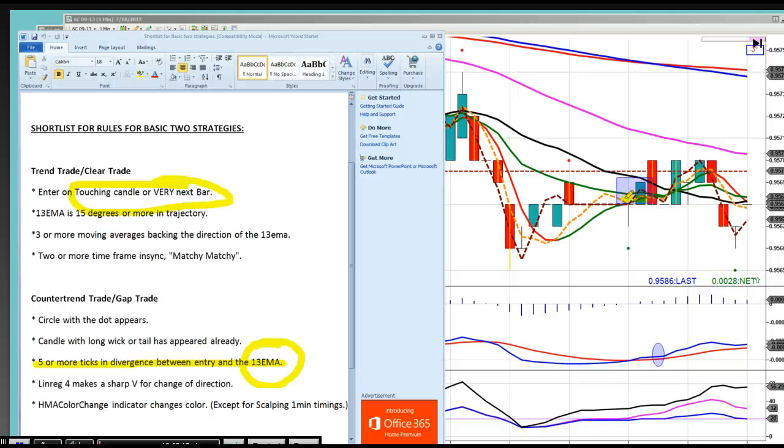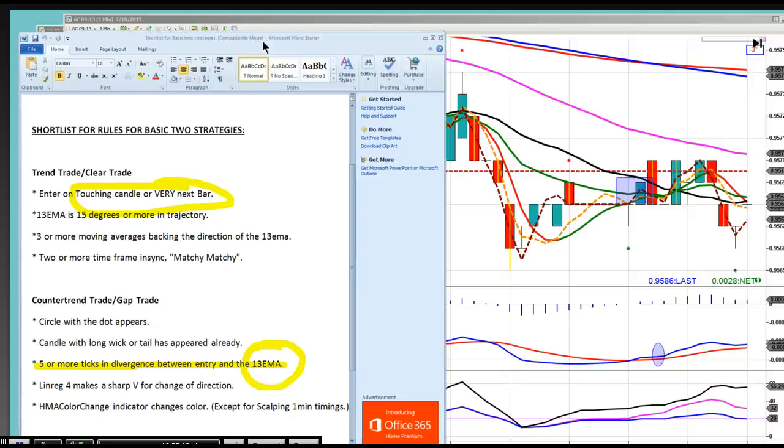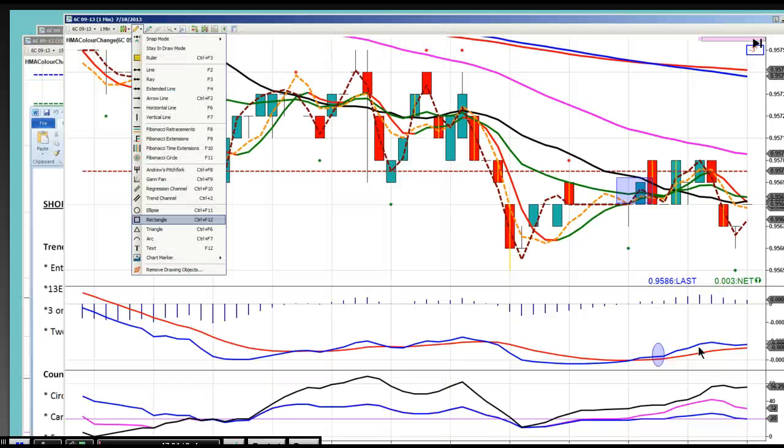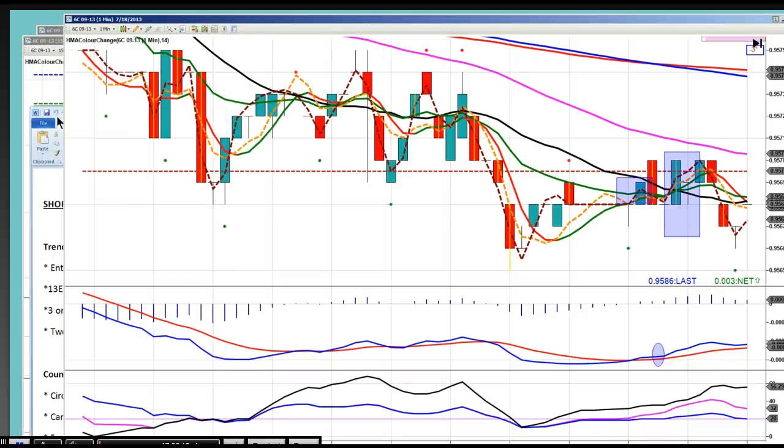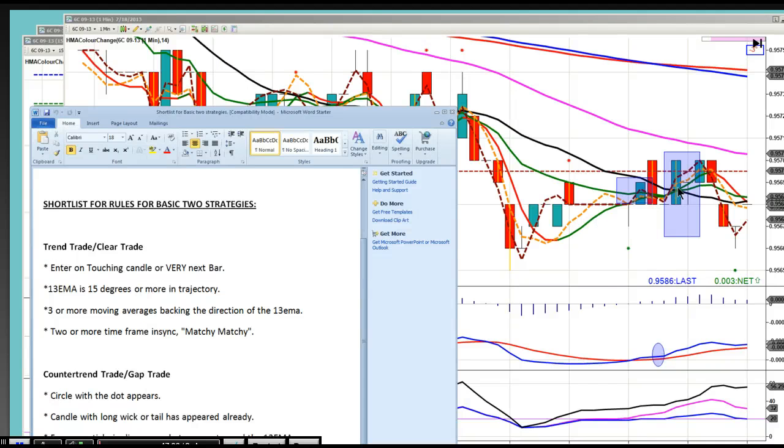Notice that the rule for counter trend versus trend is simply this. All you have to do is ask yourself, has the 13 EMA crossed the 20 SMA? That's all you need to look for. If the 13 EMA and the 20 has not crossed, then you are in a counter trend. From the point up to this cross, it's all gap trade, and the gap trade rules apply.